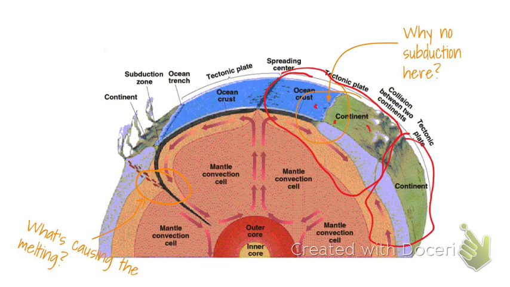You do have a continental boundary here, so you're going to get tall mountains and no volcanoes. And over here, you've got ocean crust sinking beneath continental crust, so you've got subduction, you've got friction, you've got melting rock, and therefore you're going to have volcanoes above there.